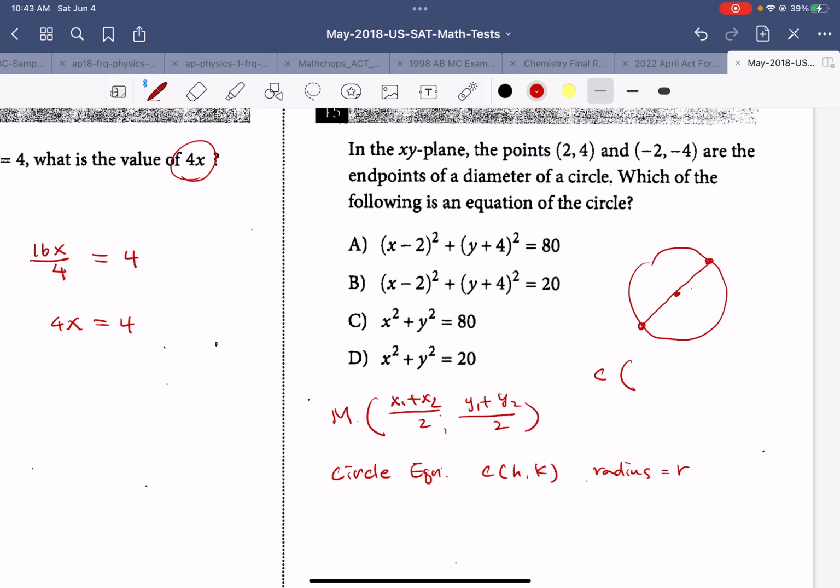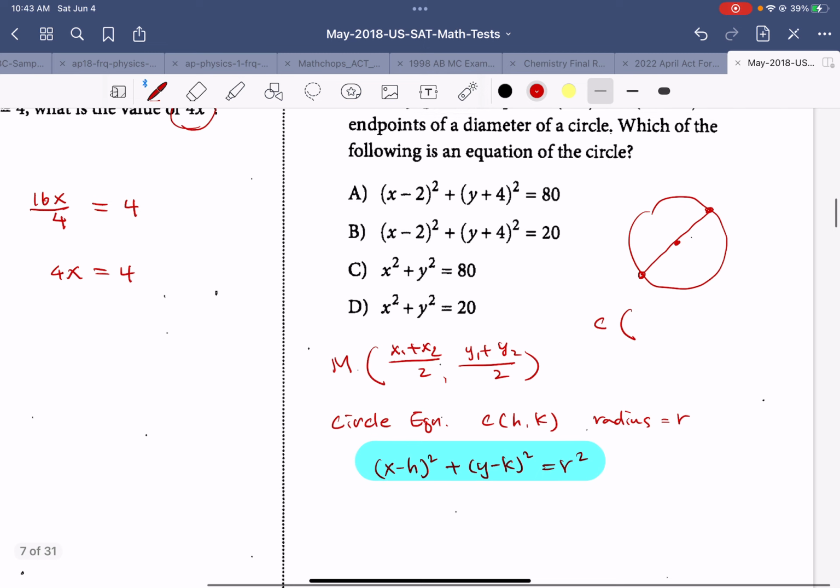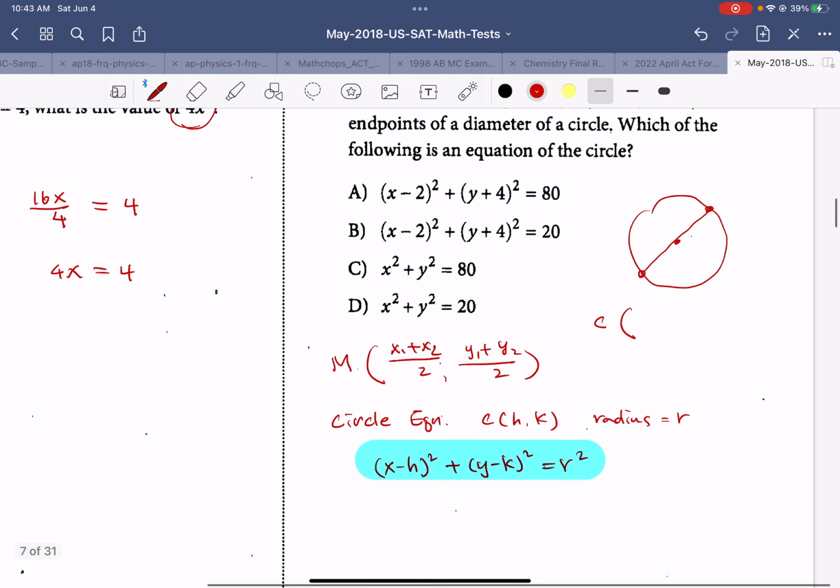Then the equation of the circle will be x minus h squared plus y minus k squared equals r squared. So that's the circle equation. It comes out in the SAT very often, so memorize that formula. And then another formula you need to know. It will be very helpful if you remember the distance formula.